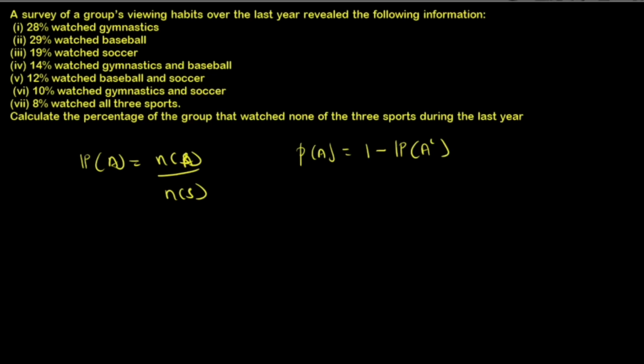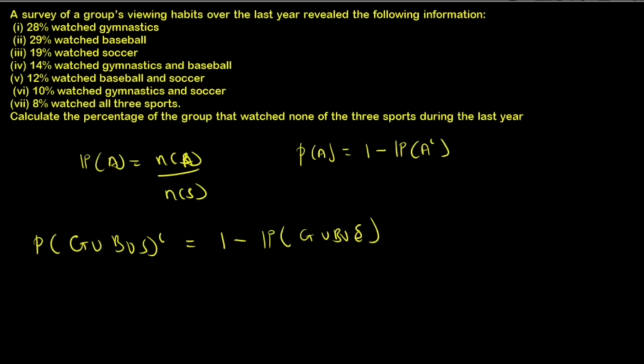So we could establish that the probability of (G union B union S) complement is equal to 1 minus the probability of G union B union S. The S represents soccer, B represents baseball, and G represents gymnastics.